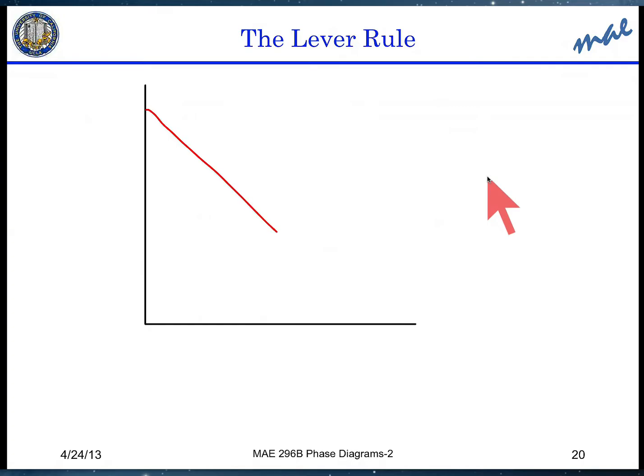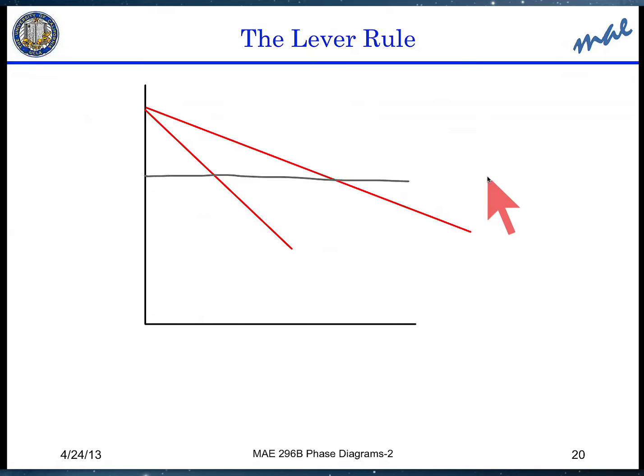Let's say one line here and then one line over there, and then at some temperature I have a section, I have a temperature like this, and then I have an alpha phase here and a beta phase, and I have an alpha plus beta in the middle.